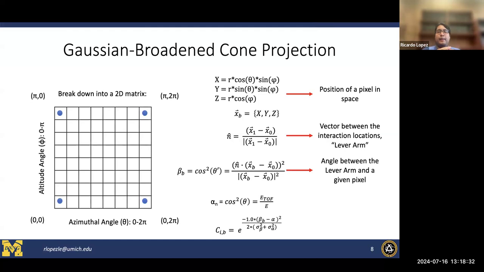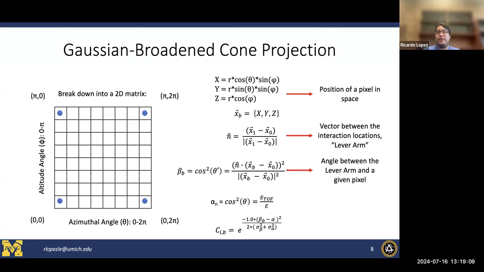It's not quite a probability, but you can think about it as such, where pixels with high intensity values represent a higher probability that that's where the source or particle originated from. Because there's uncertainty with our data, we're not going to find an infinitesimally thin or small cone on this surface. It's going to be broadened such that, technically speaking, every pixel on this surface contributes somewhat to the probability of the source being there.